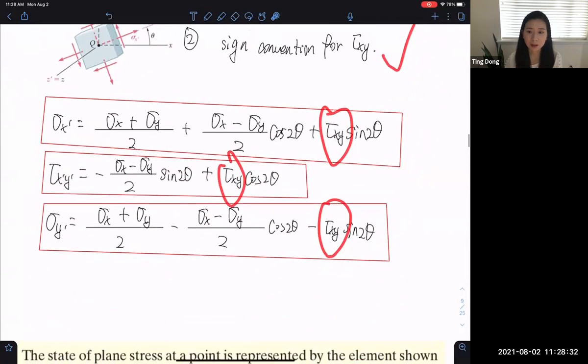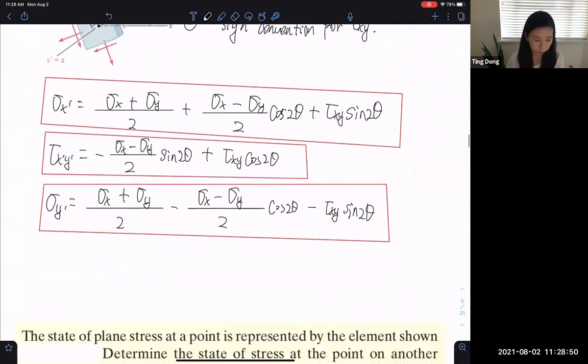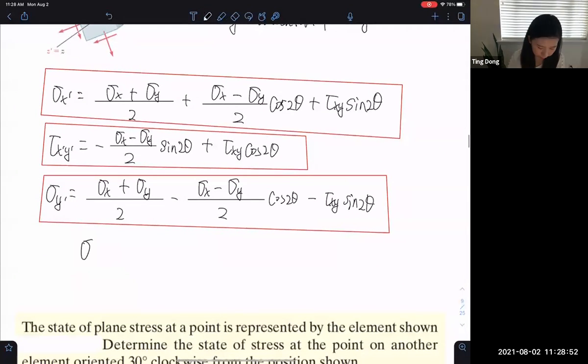And of course, a way to help you save time in this calculation: let's say it asks for the principal stress. You just calculate sigma x prime, sigma y prime, and tau x prime y prime. But we talked about a property: sigma x prime plus sigma y prime equals sigma x plus sigma y.